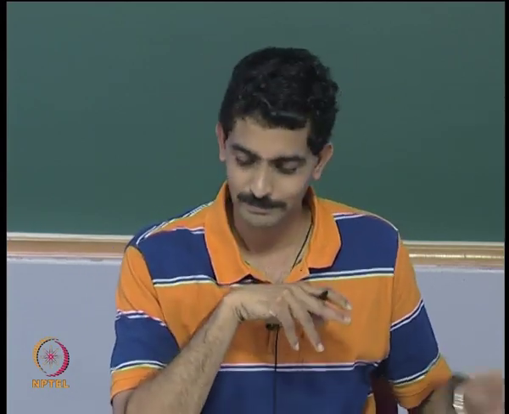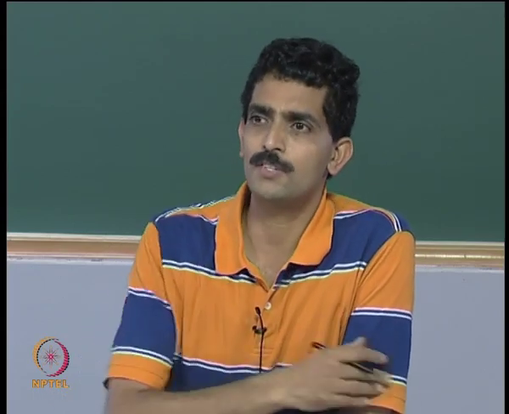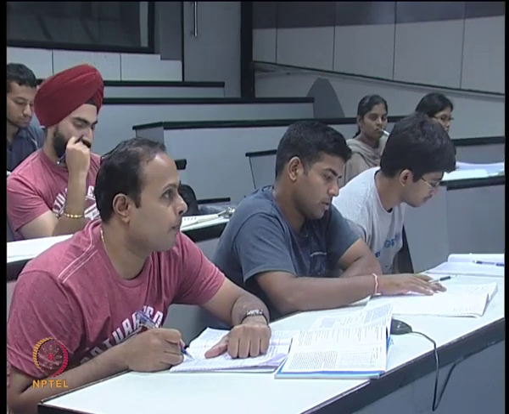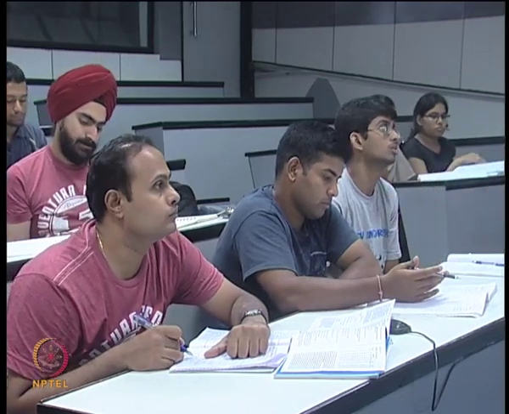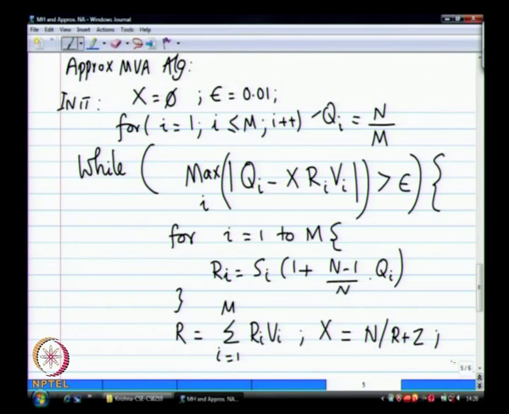Okay. So why are we taking max of I? I want to make sure that the largest difference between the previously computed values is small. So if I were to update this, I would keep that as QI, right?